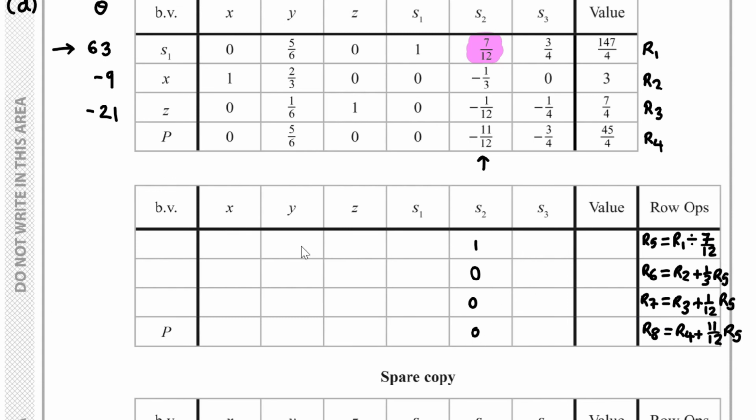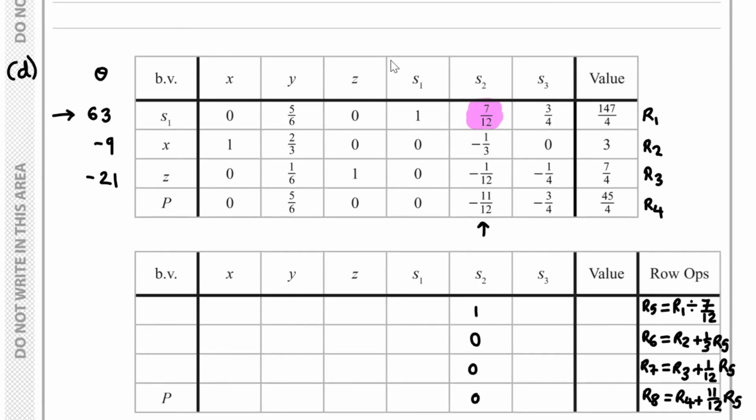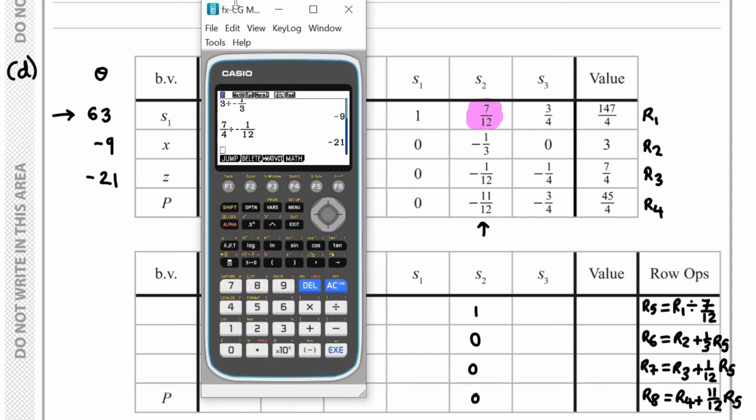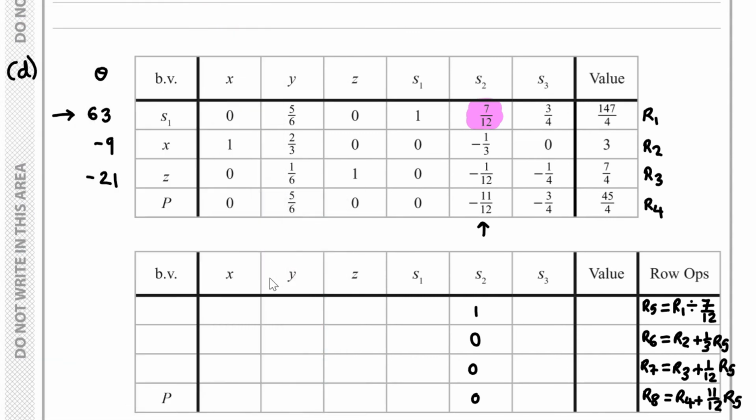Now, on our calculator, we can actually perform the row operations, but if not, then here you simply have to work all of these out. But it's much easier on the CG50. So from the CG50, before we do anything else, you'd notice the pivot column corresponds to S2, so the basic variable will increase to S2 from S1.